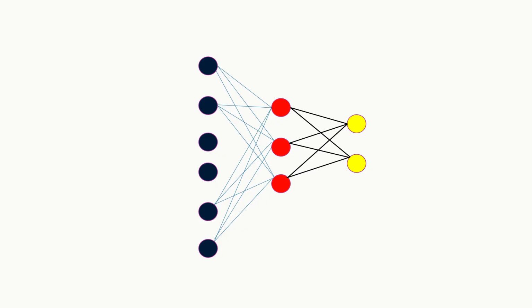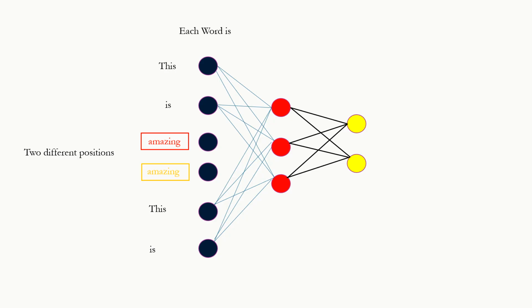So we have a neural network, right? But there's two different positions for the word amazing, okay? Each word is processed separately. And as a result, there's two different sets of weights for the same word, amazing.